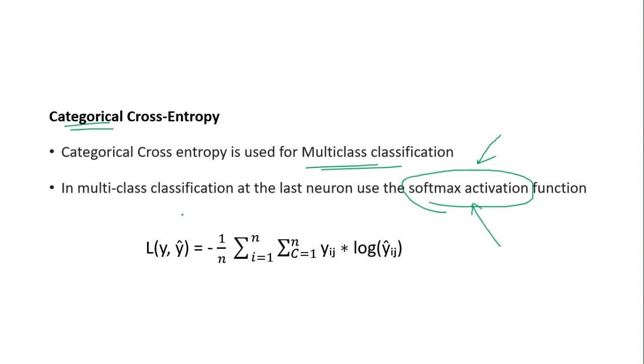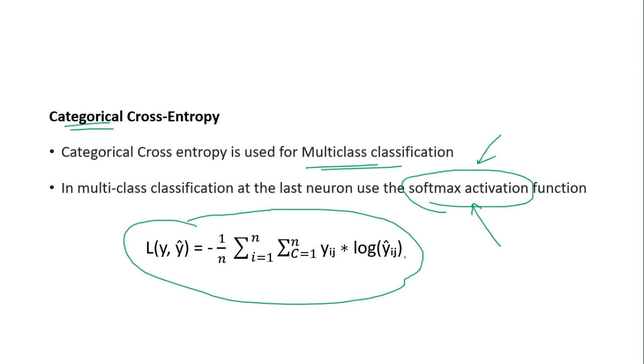Now, in this scenario, the loss function used is categorical cross entropy, given by this particular equation. As the discussion of the categorical cross entropy equation is not intended here, I am not discussing it. The derivations are available.